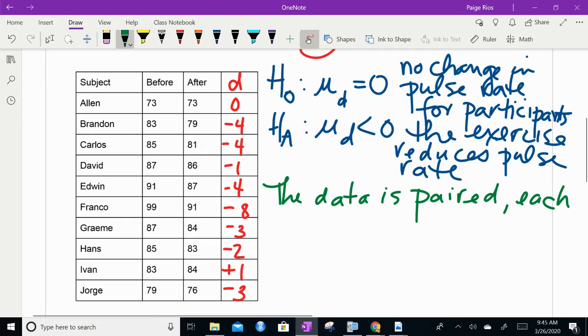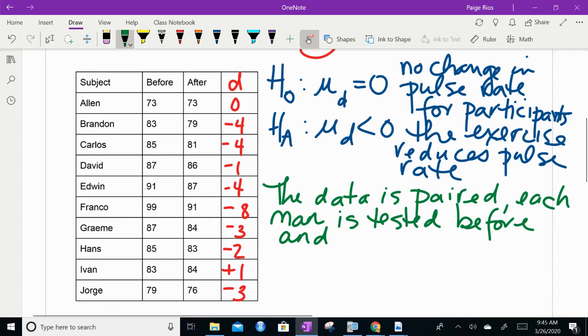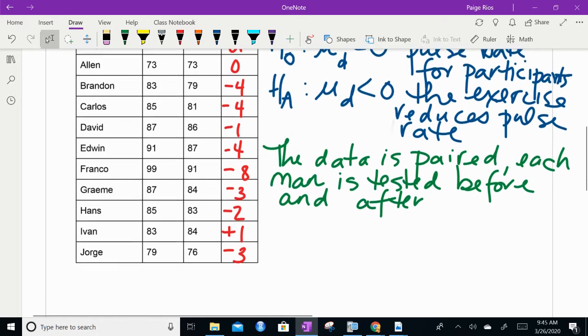Each man is tested before and after. Okay, or each pulse rate is taken before and after from the same man, something like that, that indicates that you know you have paired data.